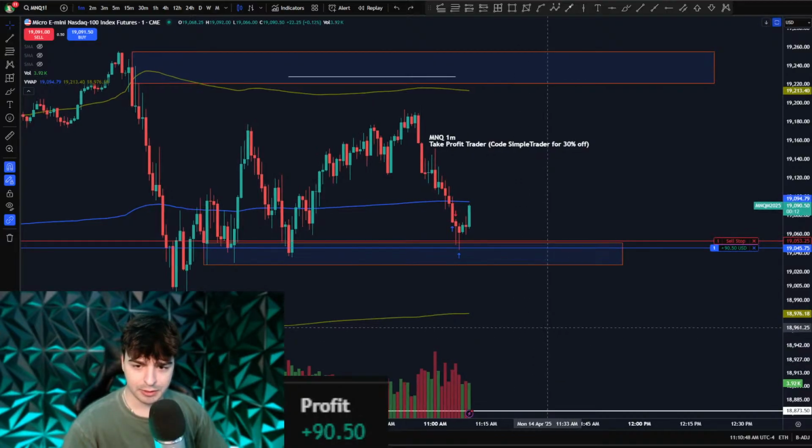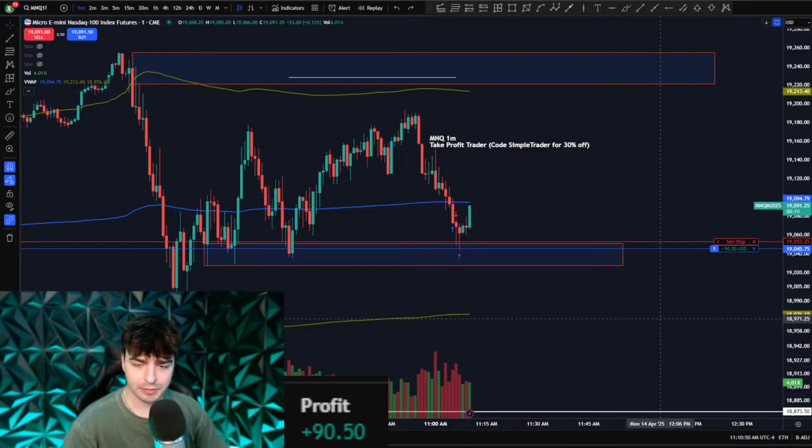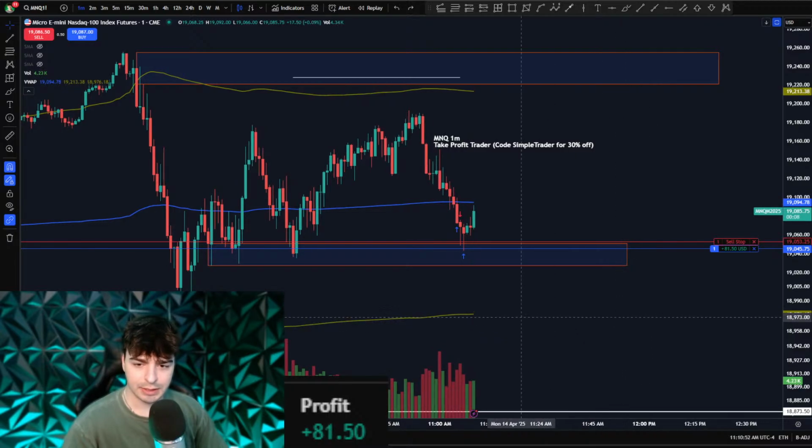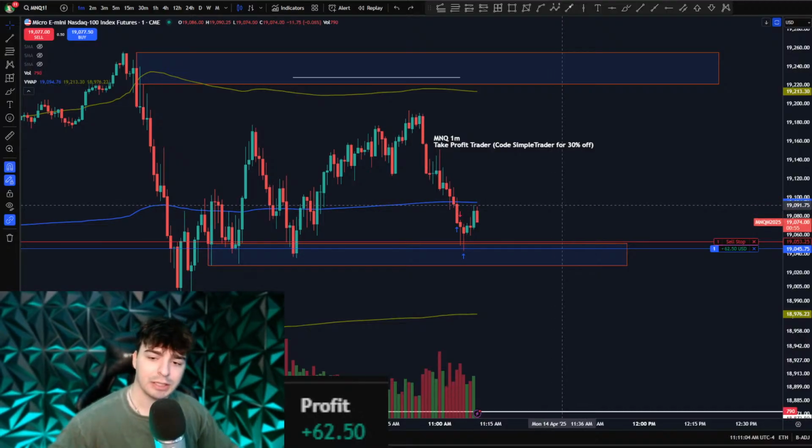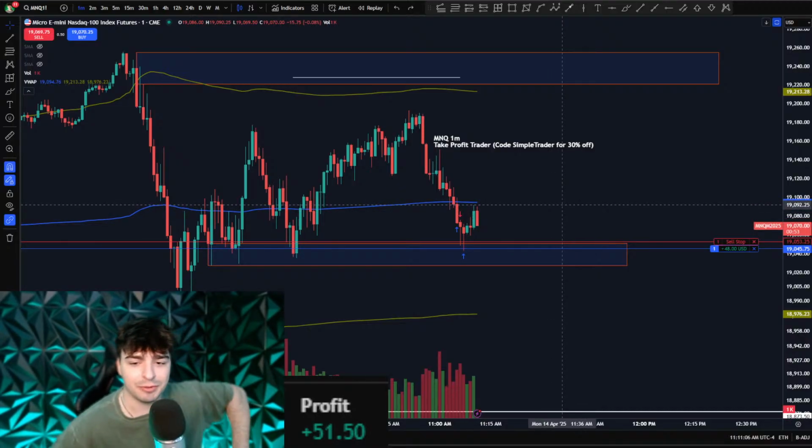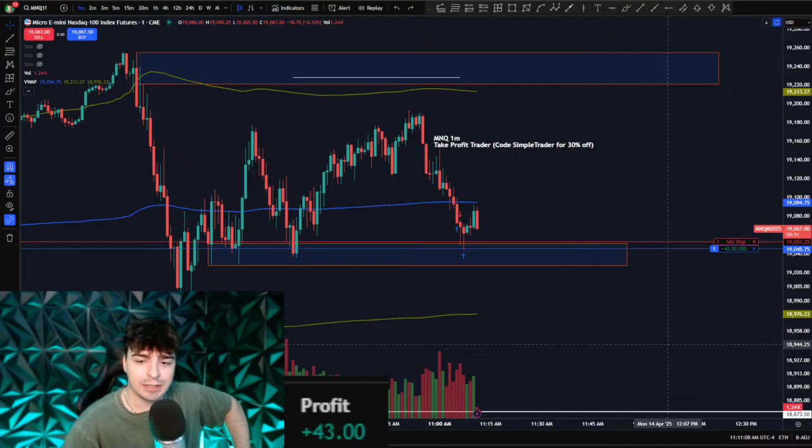Move my stop loss just a little bit. Yeah, I don't know. I don't have much hope for getting above that VWAP, to be honest. But if we do, hey, great. Yeah, that's a VWAP rejection. It's over.